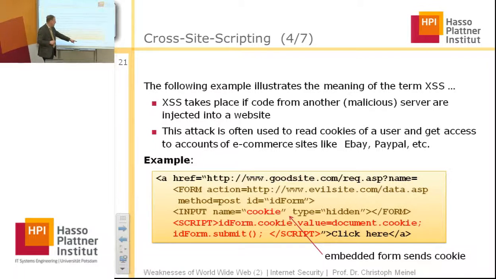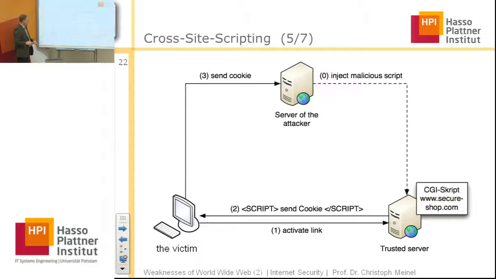So here is an embedded form that calls the action so that the cookies are sent to the attacker. Here is a short graphic. We have a victim system. The victim system is activating a link to a trusted server. The trusted server sends back a cookie, and then this cookie is sent to the attacker's station, to the attacker server.